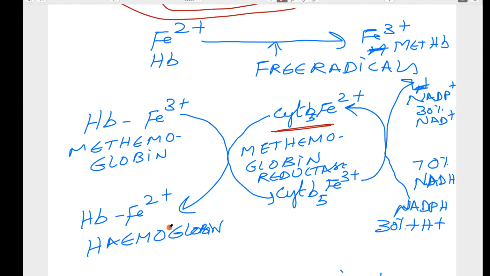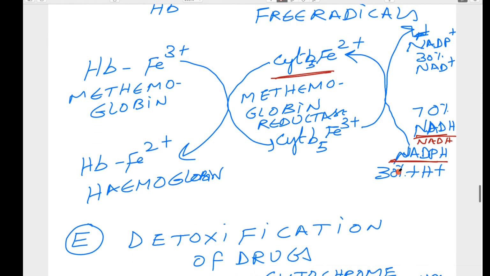When methemoglobin is converted to hemoglobin, cytochrome B5 Fe2+ is converted to cytochrome B5 Fe3+, and it has to be regenerated in the presence of NADPH. But it is not entirely by NADPH, only 30%; 70% is by NADH. Even then, that 30% is a significant amount.